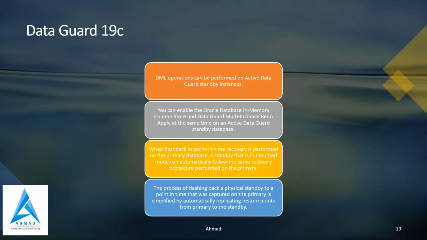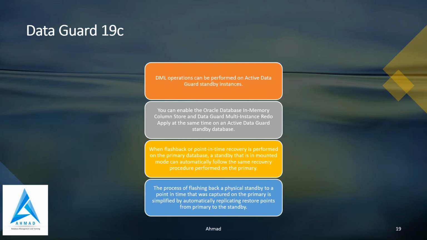And in 19C, DML operations can be performed on Active Data Guard standby instances, and you can use in-memory column store and Data Guard multi-instance redo apply at the same time. And flashback point in time recovery, you can do that. And flashback a physical standby at a point in time, you can do that.